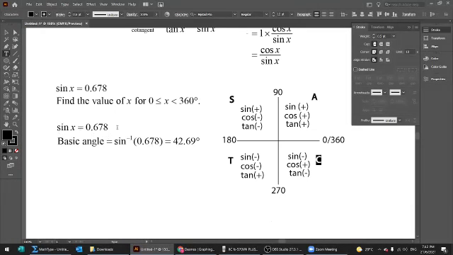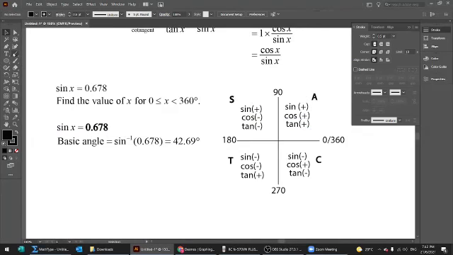Positive. That's why it falls into positive. Where is it positive? A and S, because A is all, S is sine positive.